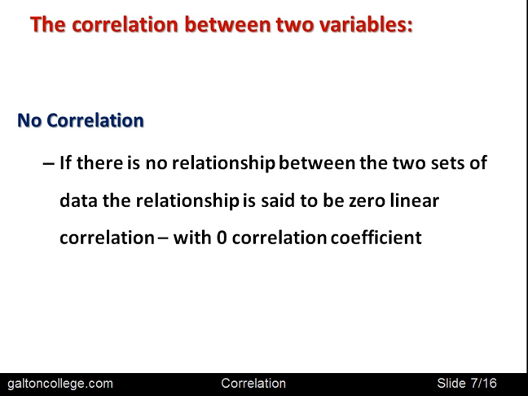We're assuming that there is a linear relationship between the two sets of numbers. Now, many numbers can be linked, and there's not a linear relationship. There could be a different type of relationship. They're still linked, but the correlation coefficient will not pick that up. So it only picks up linear relationships.